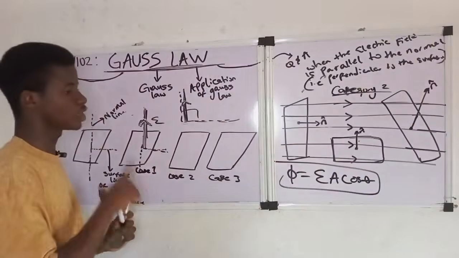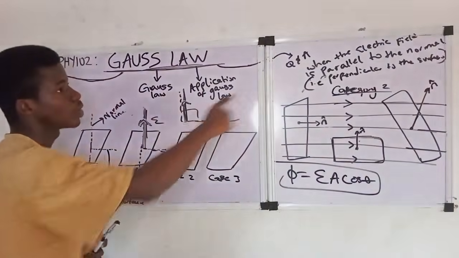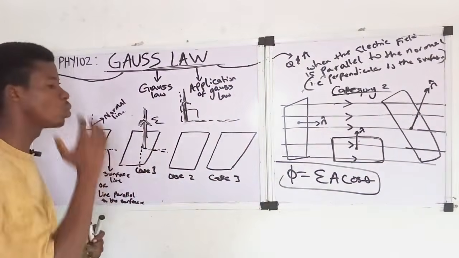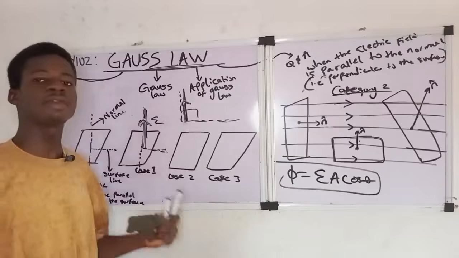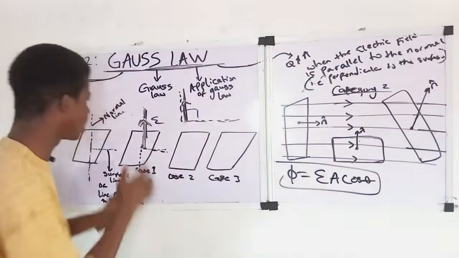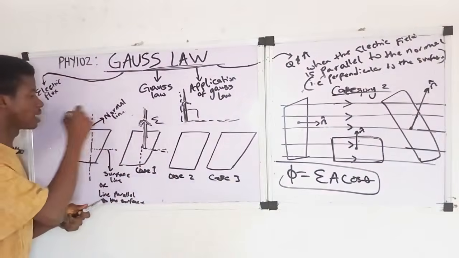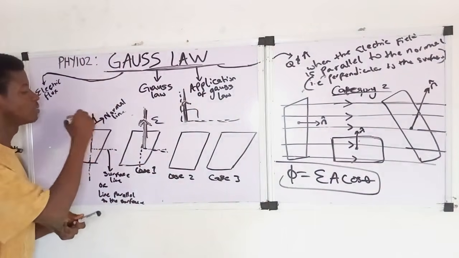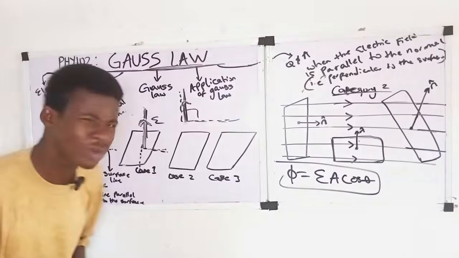Yes. So now under case one, when the electric field is parallel to the normal, what will be the electric flux? Now remember, this is the normal, right? Since the electric field is parallel to the normal, is there any angle here?